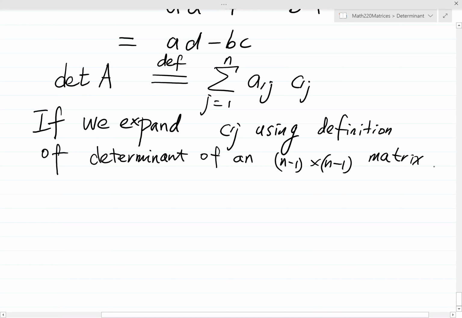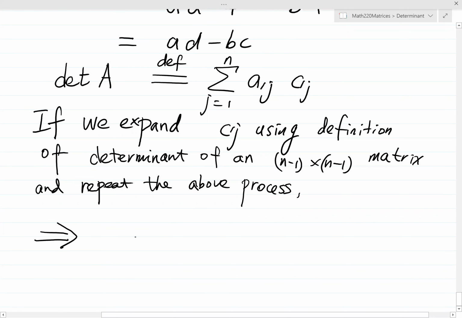Finally we reduce to the 2 by 2 matrix, and repeat the above process. What we finally get is that the determinant of A is actually this form.